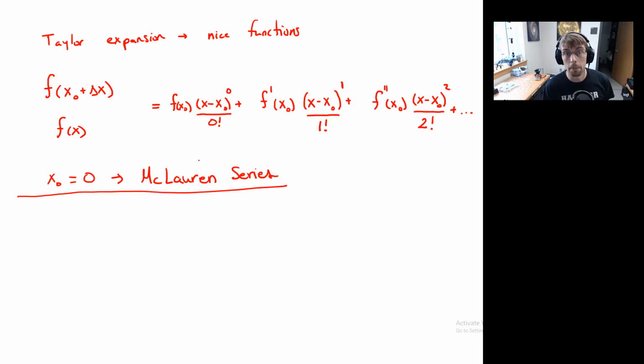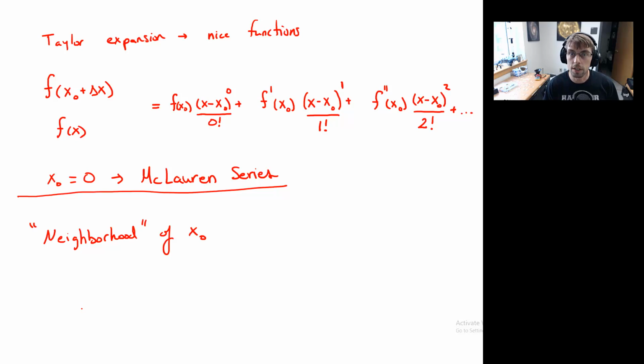The last thing I'll mention, and then we'll get some practice doing these Taylor series expansions. I mentioned this is in the neighborhood of x naught, and I'll put that in quotes.